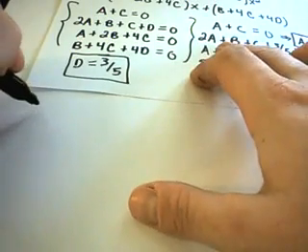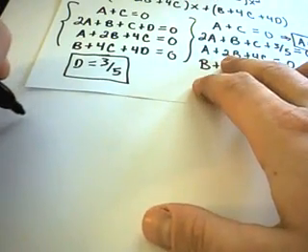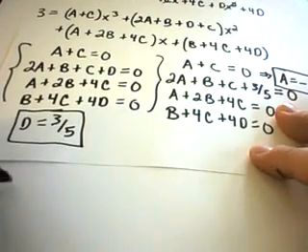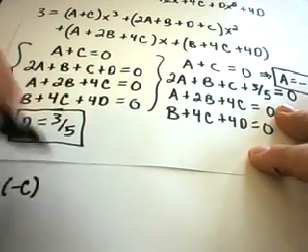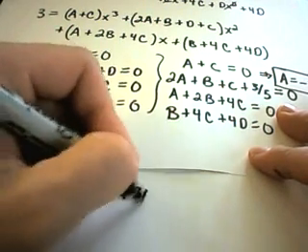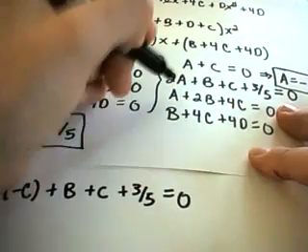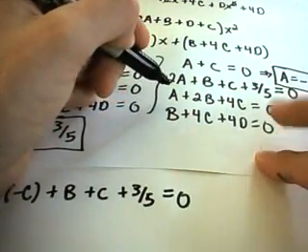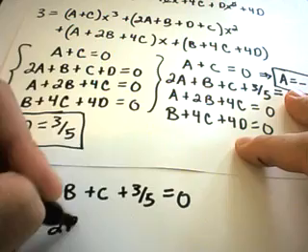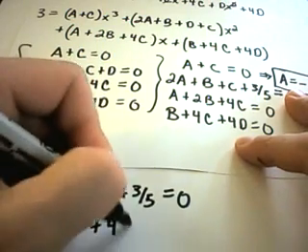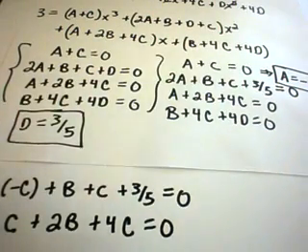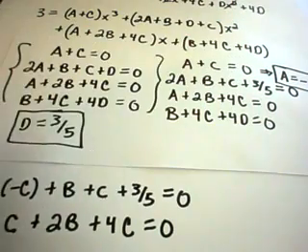So if a is equal to negative c, plugging that into my second one, I'll get 2 times negative c plus b plus c plus 3/5 equals 0. And if I plug it into the third one as well, I'll get negative c plus 2b plus 4c equals 0. And I'm not worried about my last one right now. I forgot to plug in my 3/5, but that's okay.